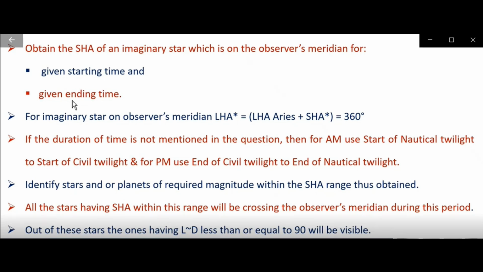So once we get these two values, all the stars having SHA within this range will be crossing our meridian.